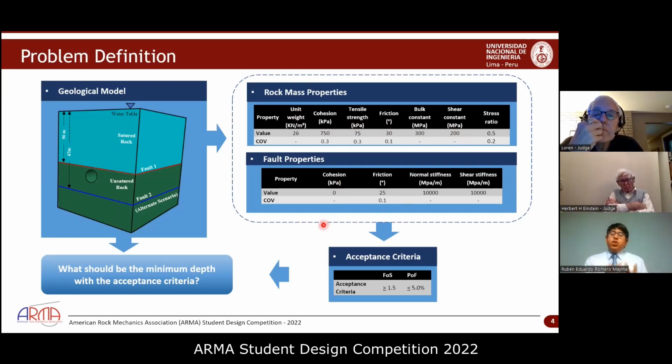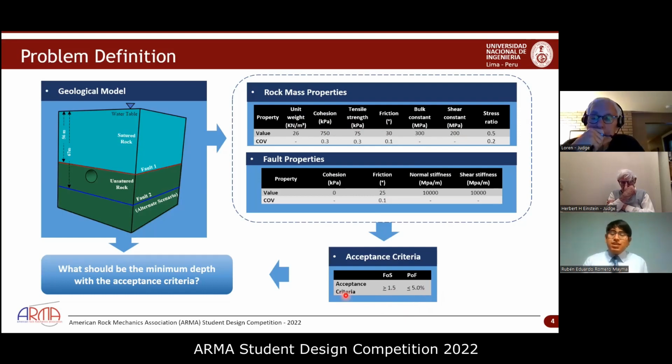Then, to solve this problem, two constraints must be considered. The first deals with the acceptance criteria for the geotechnical evaluation, which requires a minimum factor of safety of 1.5 and a maximum probability of failure of 5%.